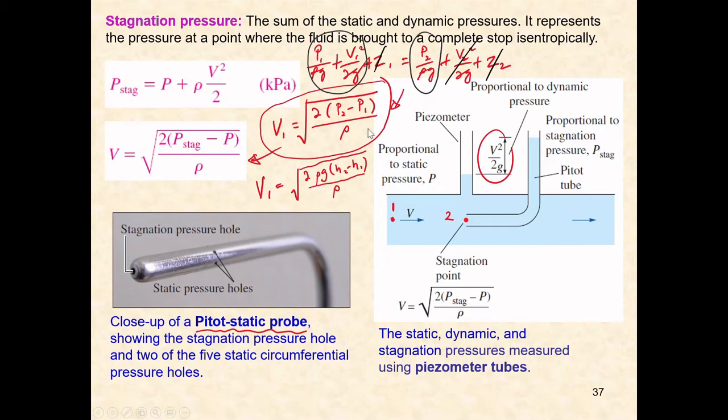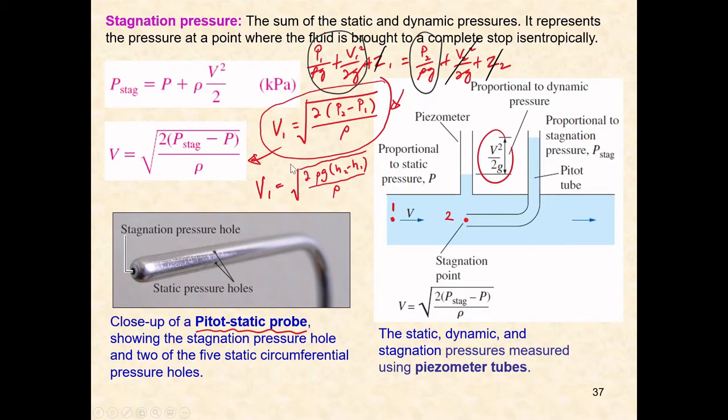Alright, so what's interesting about this formula is that when you design a pitot tube inside this pipe, with the presence of a piezometer, you can find there's a difference in the liquid level between this pitot tube and this piezometer. The difference in height is actually V squared over 2g.